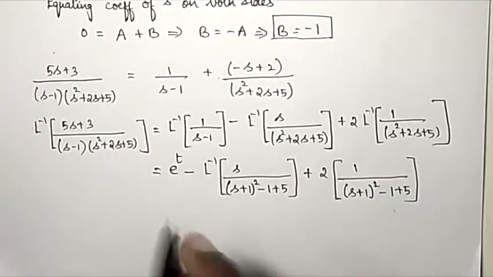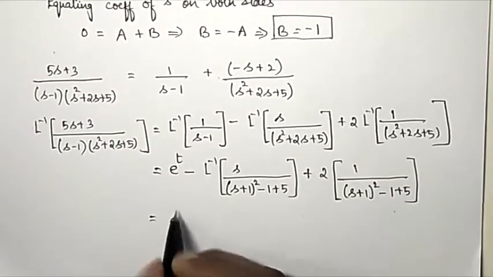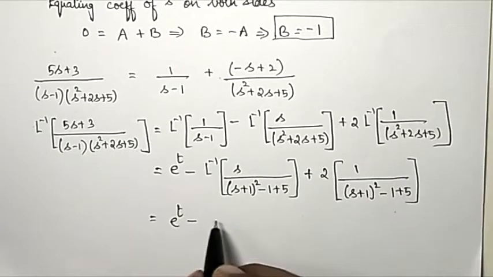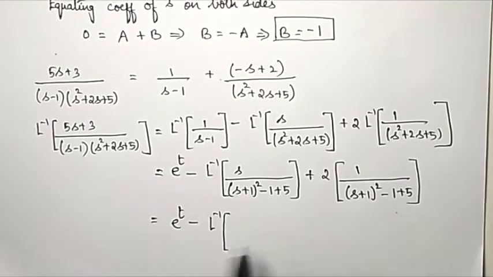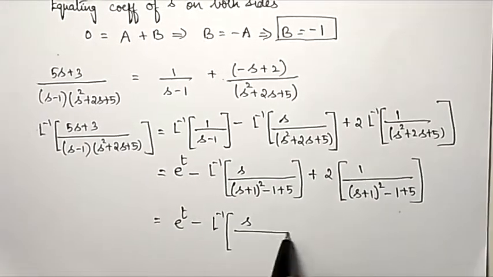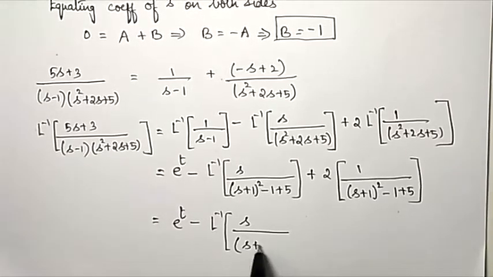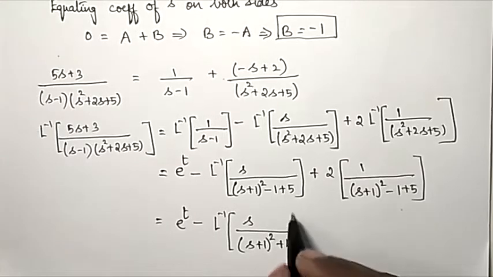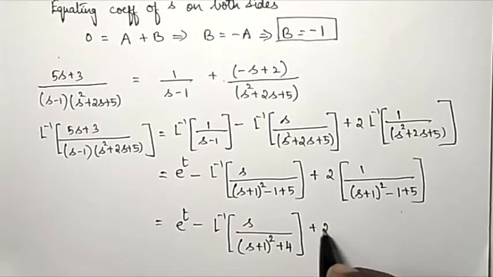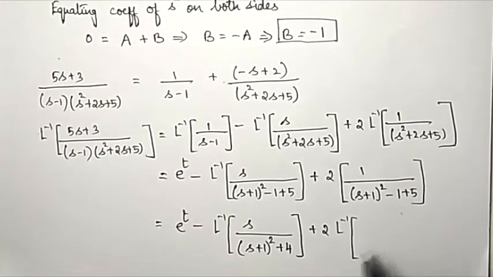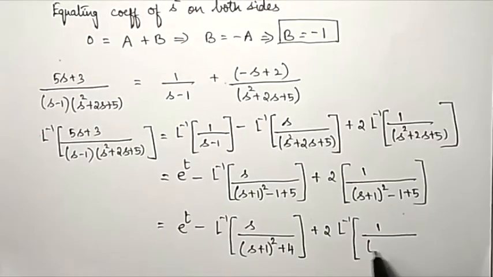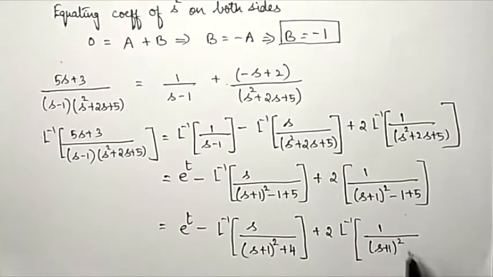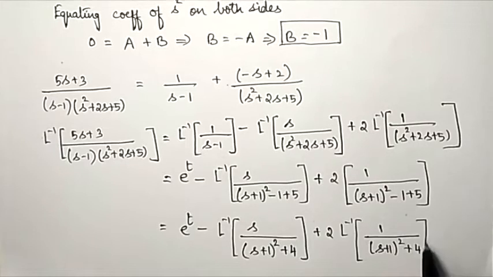So this can be written as e power t minus L inverse of s divided by ((s plus 1) the whole square plus 4), since 5 minus 1 is 4, plus 2 times L inverse of 1 divided by ((s plus 1) the whole square plus 4).